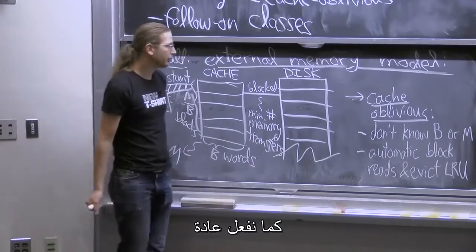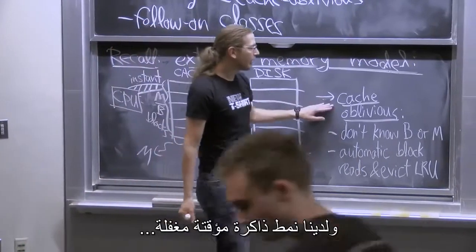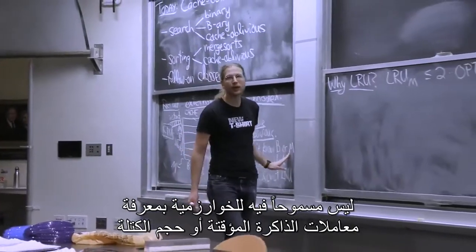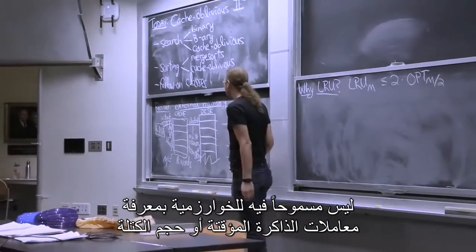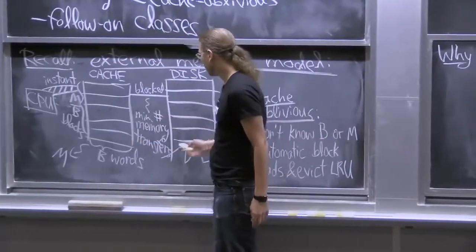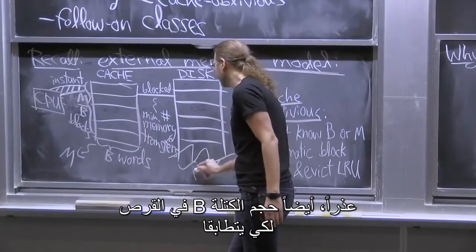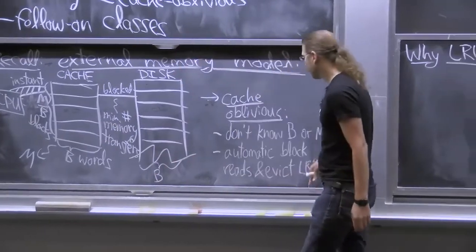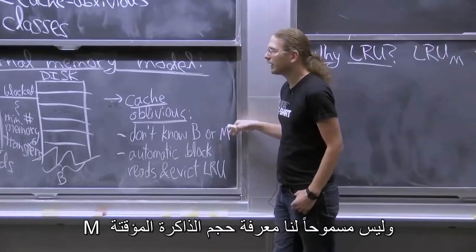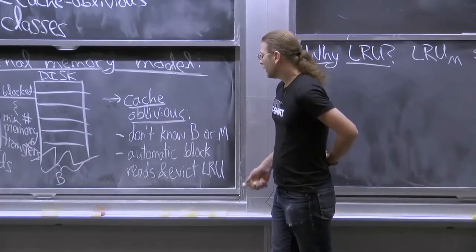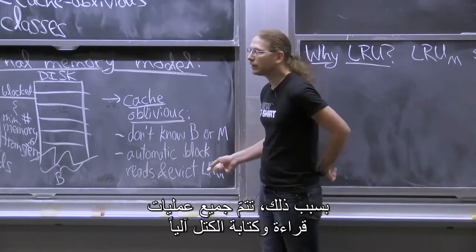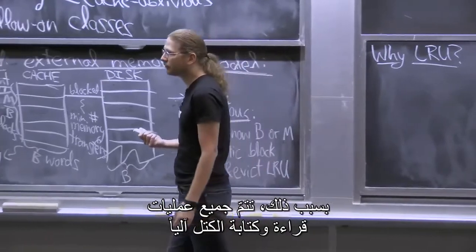The cache-oblivious variation is that the algorithm is not allowed to know the cache parameters. It's not allowed to know the block size B, which is also the block size on the disk, so they match. And you're not allowed to know the cache size M. Because of that, all the block reads and writes need to be done automatically.